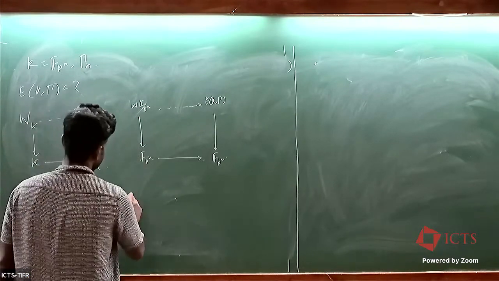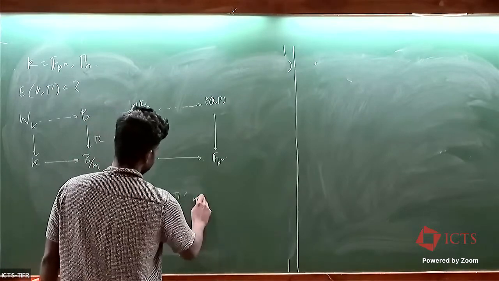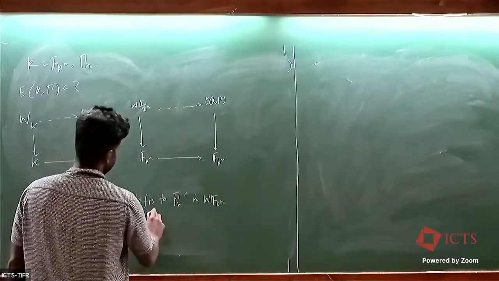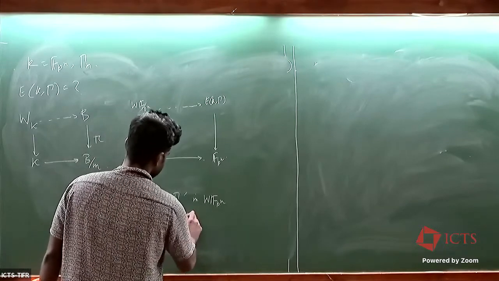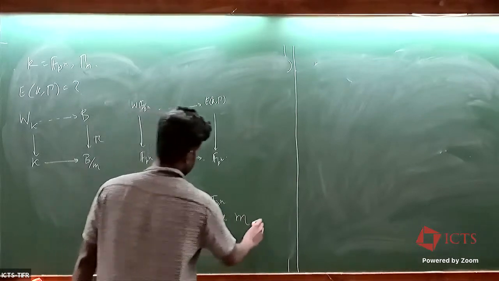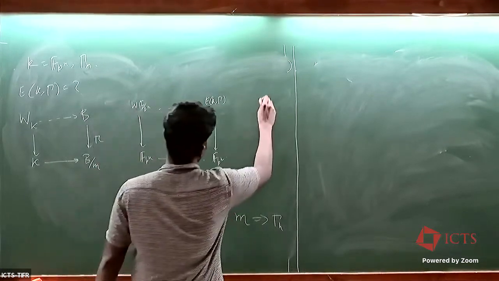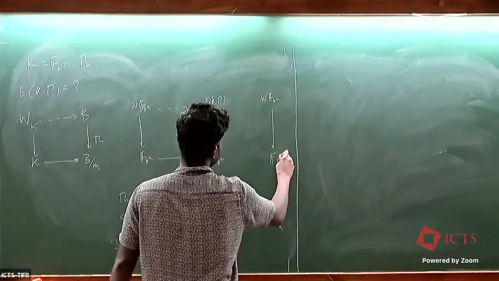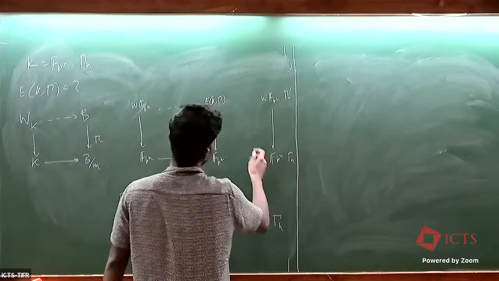So gamma n lifts to gamma n prime over W(F_p^n) such that reduction modulo m gives us back this gamma n. So this is a deformation.